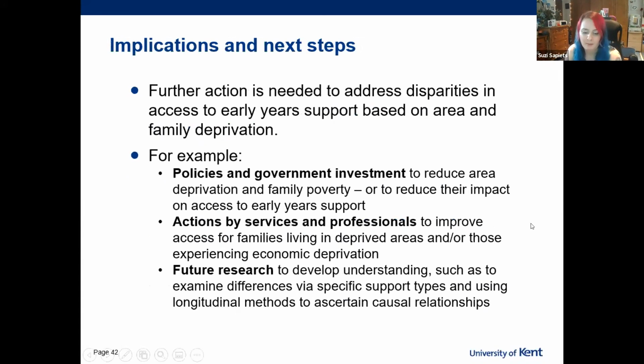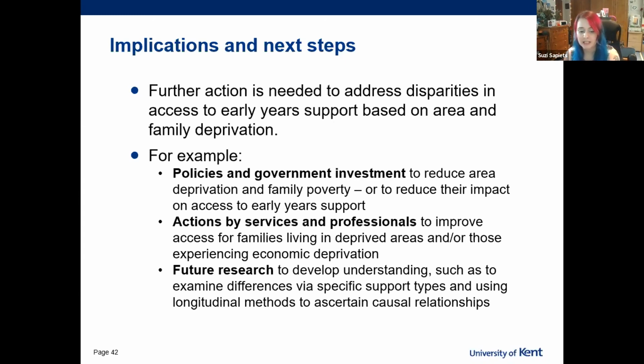So in terms of implications and next steps, clearly there's further action needed to reduce these disparities of access to earlier support based on area and family deprivation. And a number of different things can be done about this. For example, we could look at policies and government investment, both to reduce area deprivation and to reduce family poverty, or they could reduce the impact of these on access to early years support.